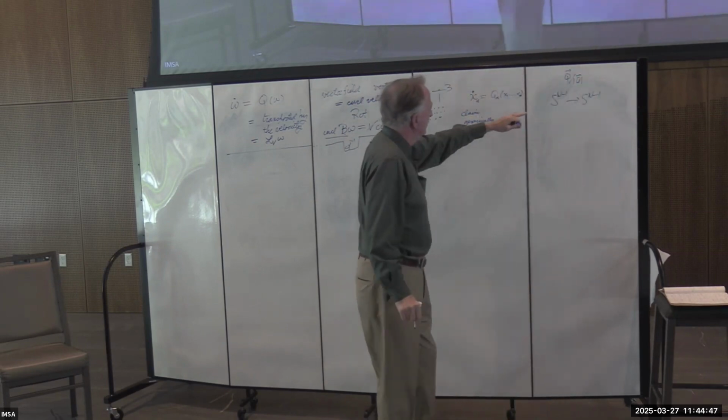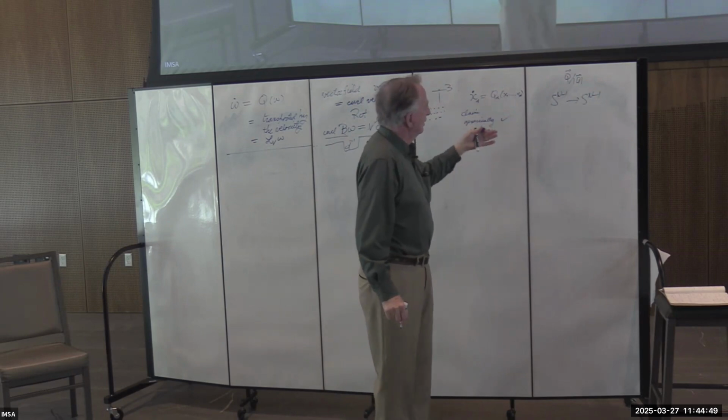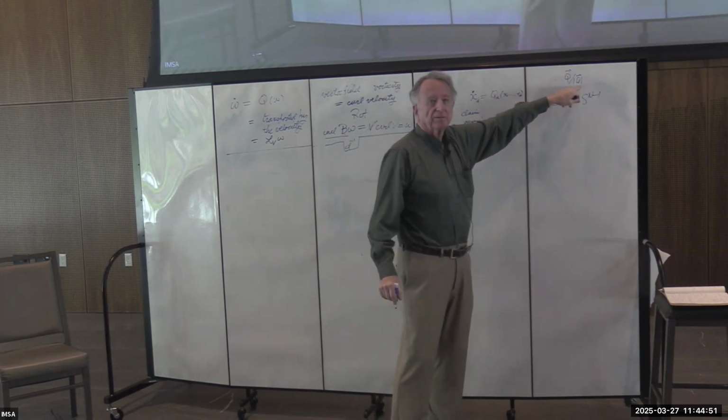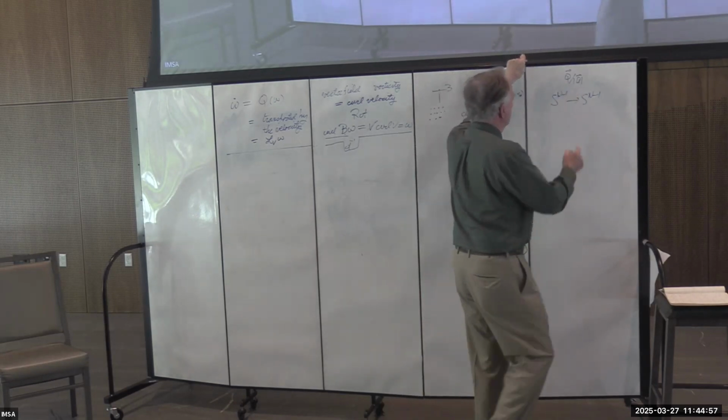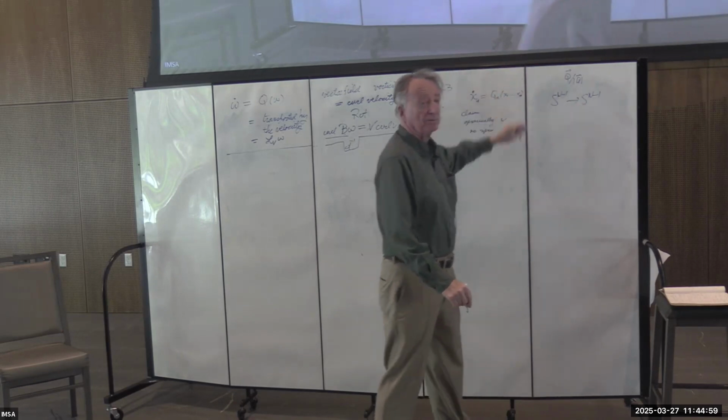So if you're on the unit sphere, this bottom thing isn't ever zero. We just showed that, right? There are no common zeros. So we get a mapping from S^(n-1) to itself.